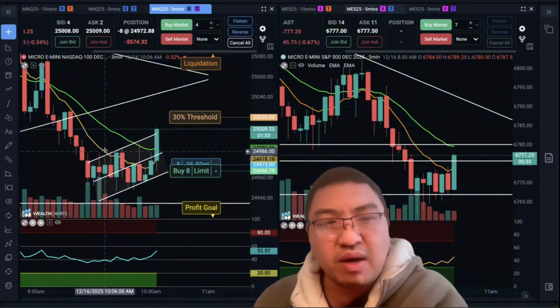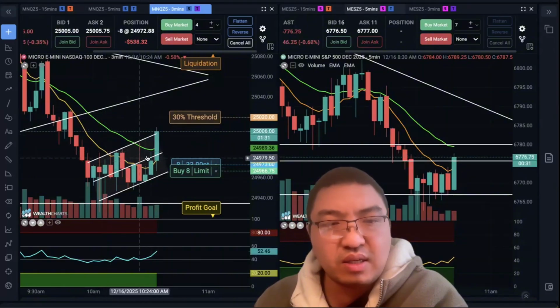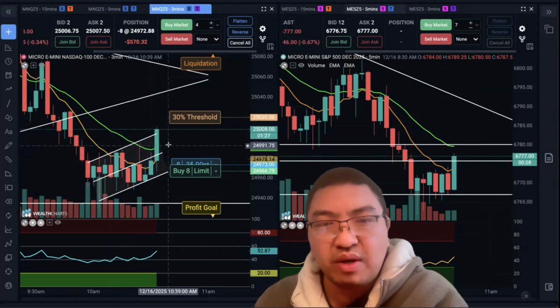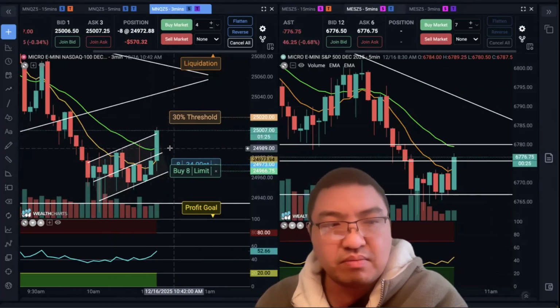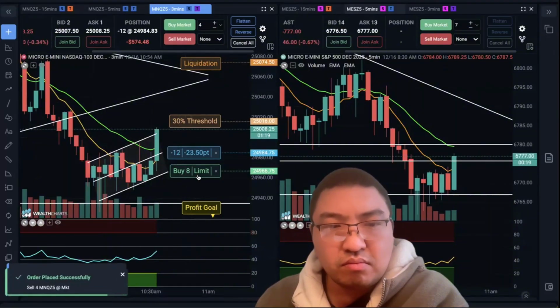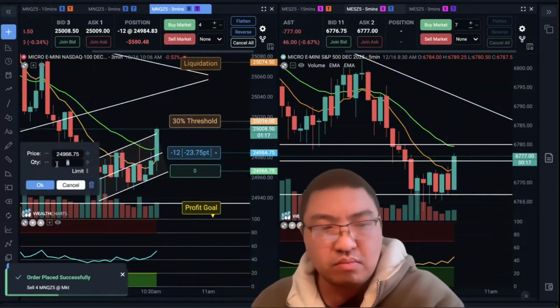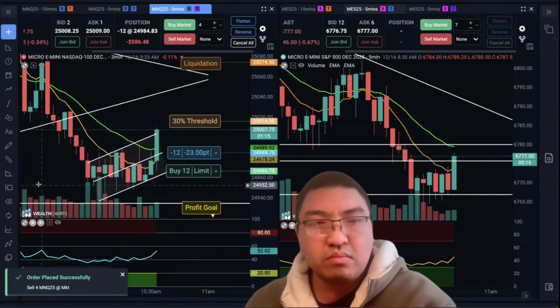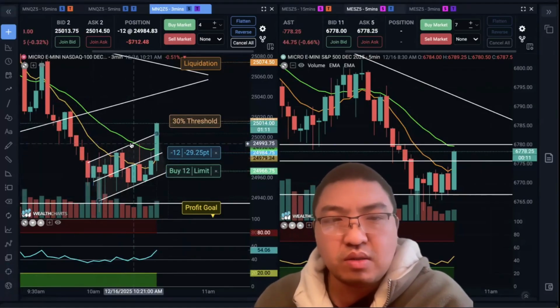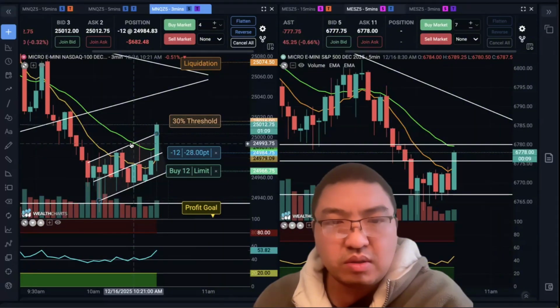Oh my God, why is it suddenly breaking out? No gradual breakout. Oh, it keeps moving, keeps moving.